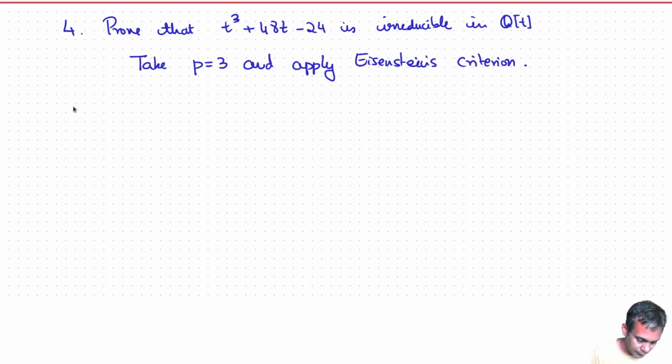Okay, and let's look at problem 5, which is another irreducibility problem. Is x to the 4 plus 4 irreducible in Q[x]?